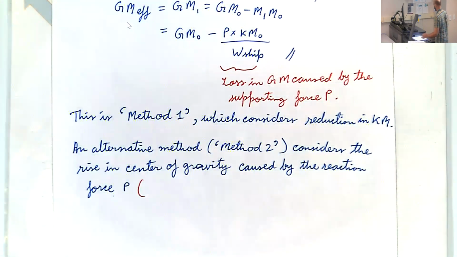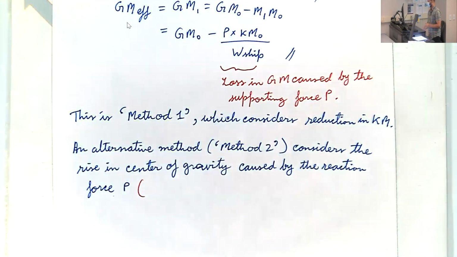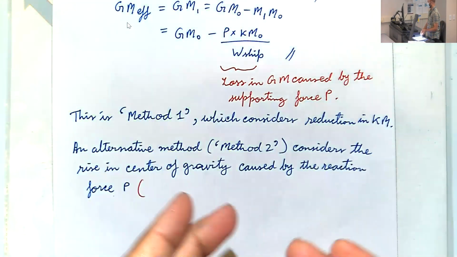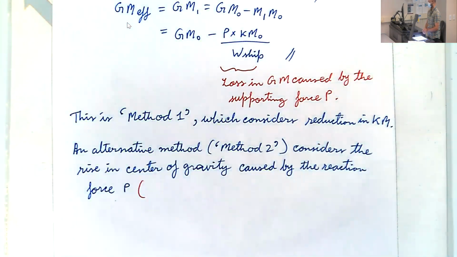I'm saying somebody supports you from the bottom, then your center of gravity rises up. Think of, we've talked about this in the sense of cargo loading and unloading. If somebody's supporting you from the bottom, your hull from the bottom, what is this equivalent to? Loading cargo, unloading cargo, neither. Yeah, it's like unloading cargo.